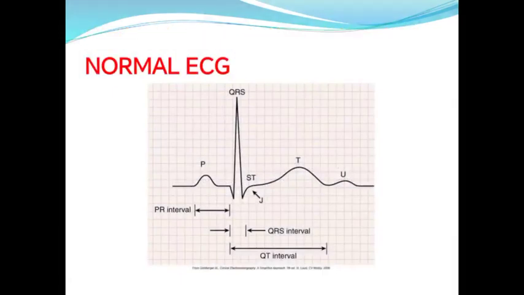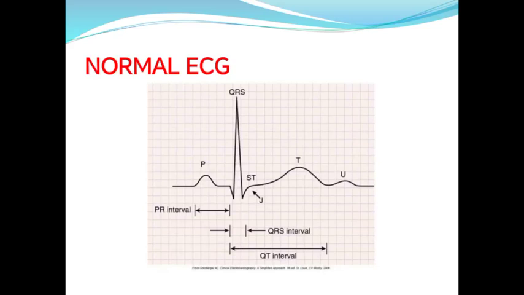So, okay, we talk about the normal ECG. That means we are talking about the waves and the intervals. You should know, in the previous diagram we saw the P wave, the QRS complex, the T wave and the U wave, and we will speak about this in detail now. Here, this is a normal ECG.